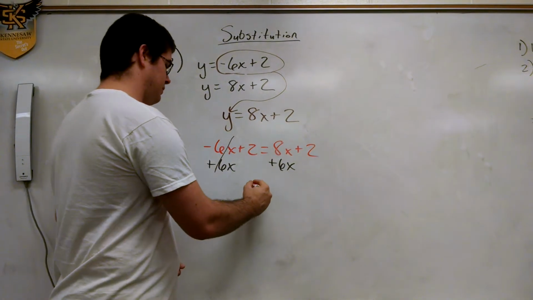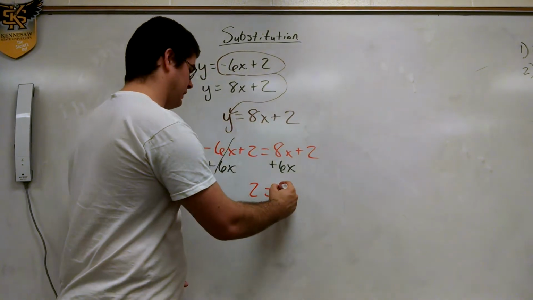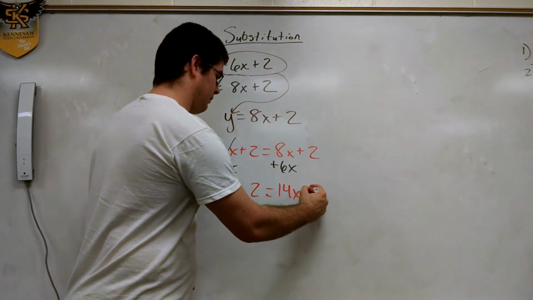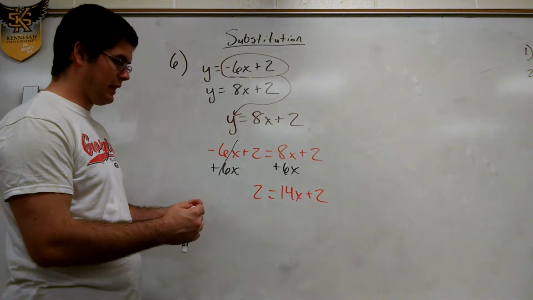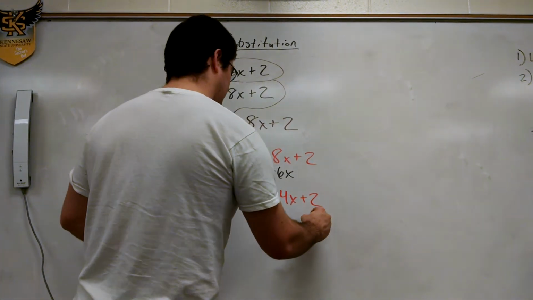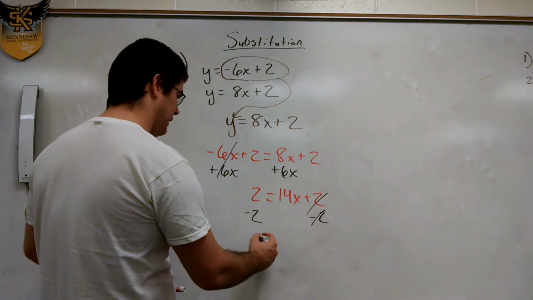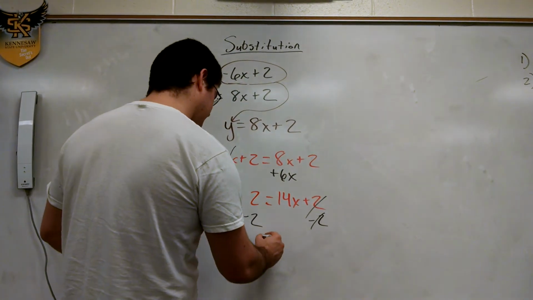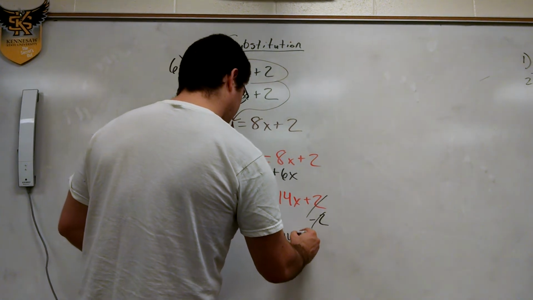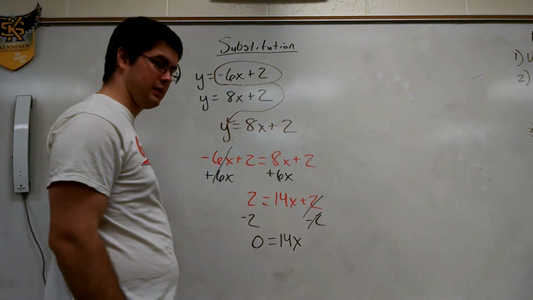And I'm left with 2 equals 8x plus 6x is 14x plus 2. And now I just need to isolate x. I'm going to subtract 2 from both sides. That cancels, and I get 2 minus 2 is 0. And if 14 times x equals 0, then x has to be 0.